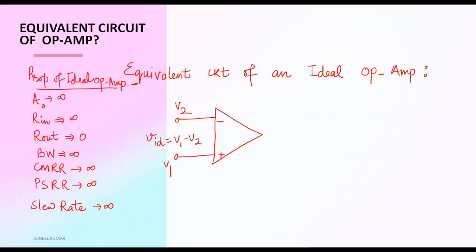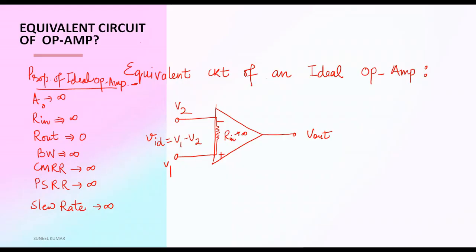So here we have resistance R input, and that should be infinite, so it will become an open circuit. And here the output resistance will become 0. So this is simply the output, because here the output resistance becomes 0.